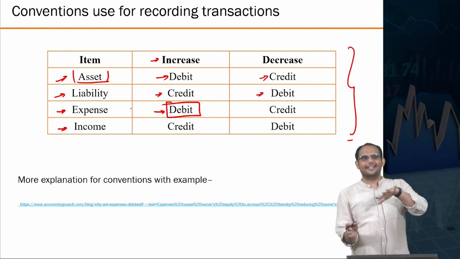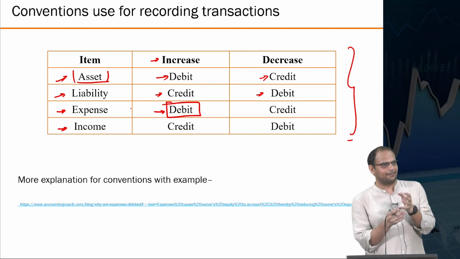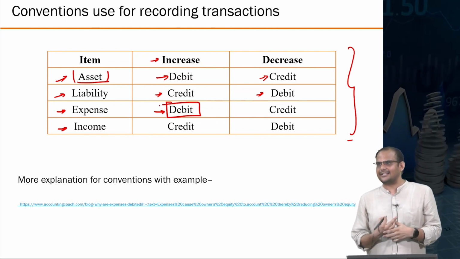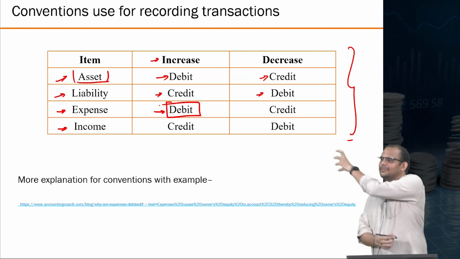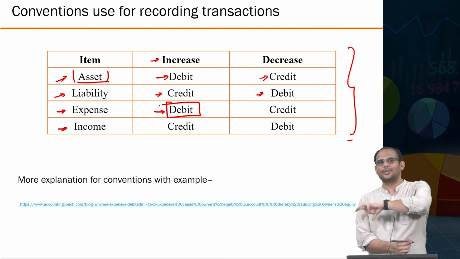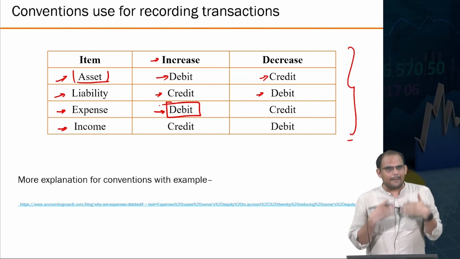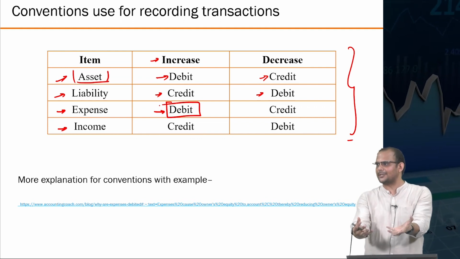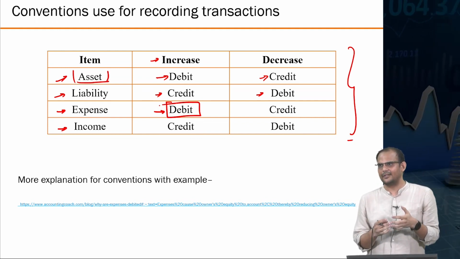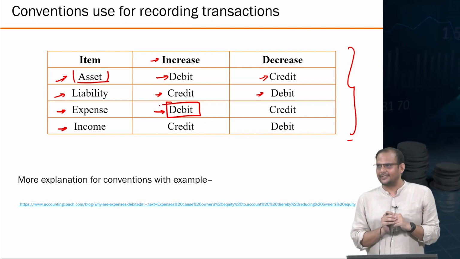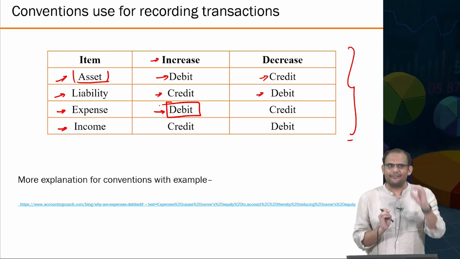But this is where the perspective comes into the picture. Ultimately, if your expenses are increasing, that money is coming from the original investor. So as a company, you are receiving more money from the investor to fulfill those expenses. Got the idea? Suppose you were not a profit-making company. Suppose you were losing money on every product that you sell.